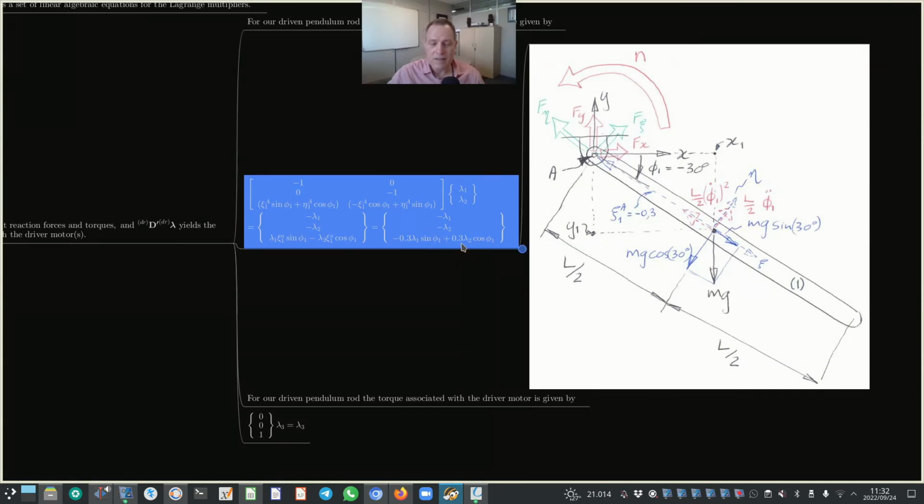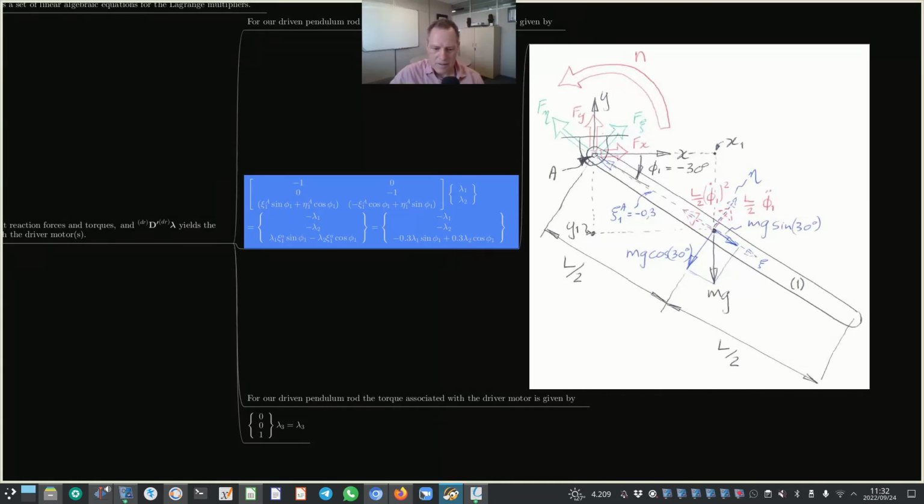just a brief explanation of where this term comes from, but we are really only interested in lambda 1 and lambda 2 and how they relate to the reaction force, minus lambda 1 and minus lambda 2, because that's in the x direction, this is in the y direction. We are not interested in this moment.